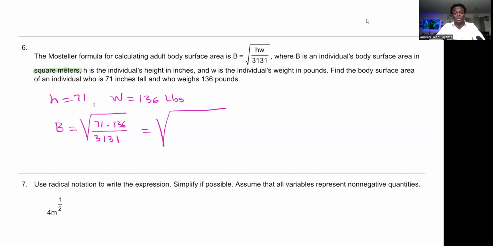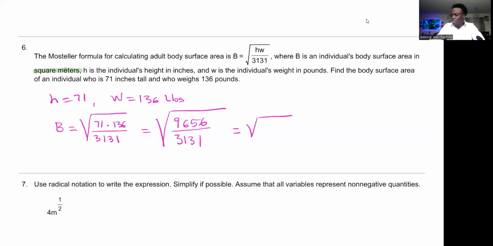So B equals the square root, because I have not solved it yet. That's why I keep it. 9,656 over 3,131. Now is when I'm going to perform the division inside of the radical. I'm not solving the radical yet, so I keep it.